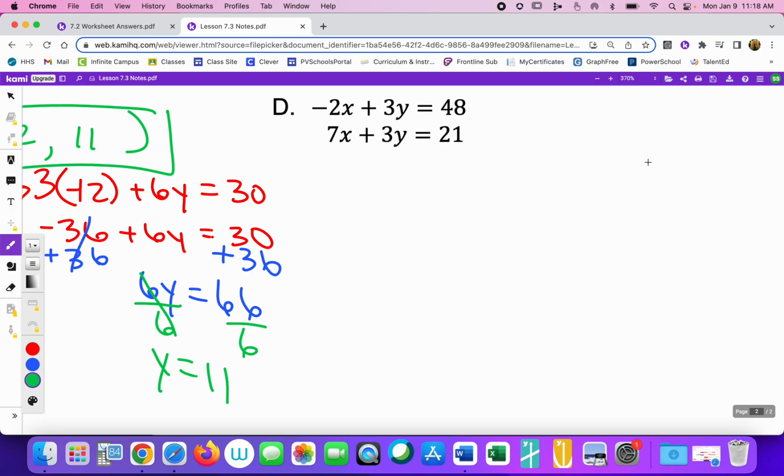And today they will either be set up so that you can add right away or you can subtract right away. Tomorrow they will not. We'll have to manipulate one or both of them to make that.